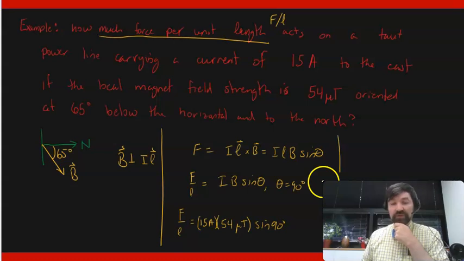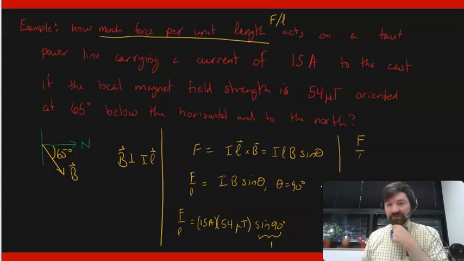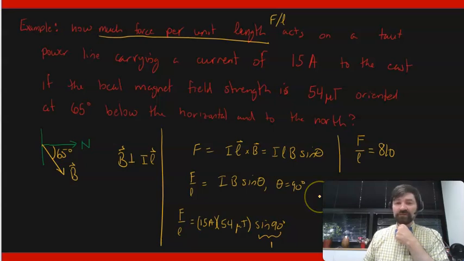So we can put all those numbers into our calculator, although sine of 90 is just 1. And then 15 times 54 should be 810. So F over L is 810. And the units are, because we're in microtesla, micronewtons per meter. Or if you prefer, this is 8.1 times 10 to the negative 6 newtons per meter.